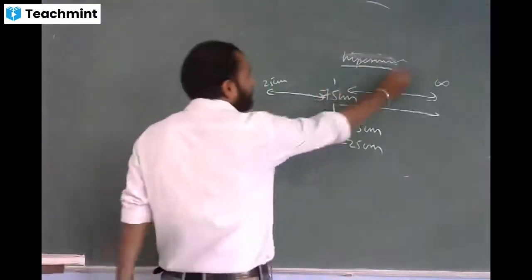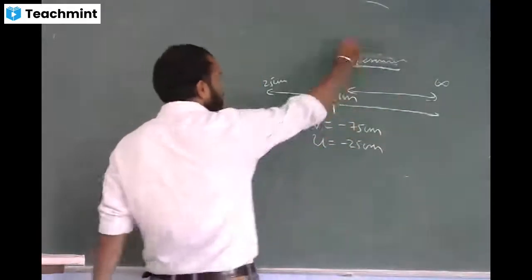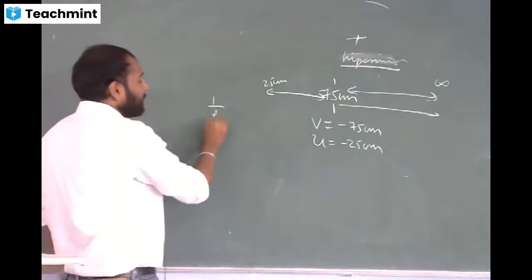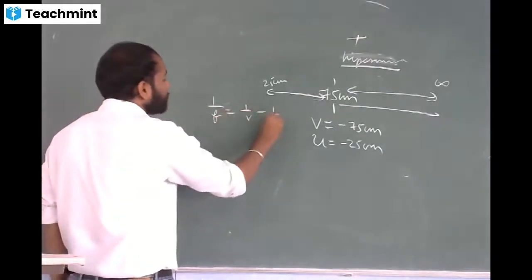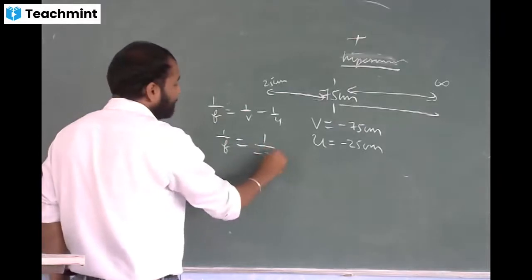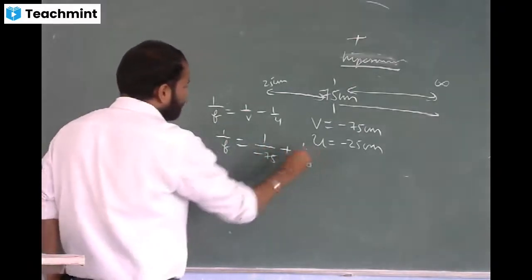Since the defect is hypermetropia, we should get the power of lens as positive. So using the lens formula, 1 by f is equal to 1 by v minus 1 by u. 1 by f is equal to, what is 1 by v? Minus 1 by 75 minus 1 by minus 25, that is plus 1 by 25.